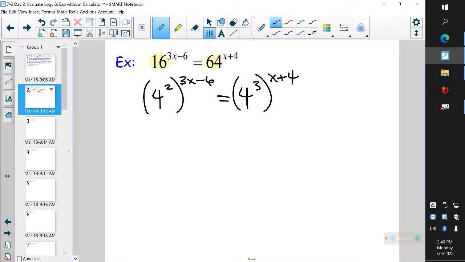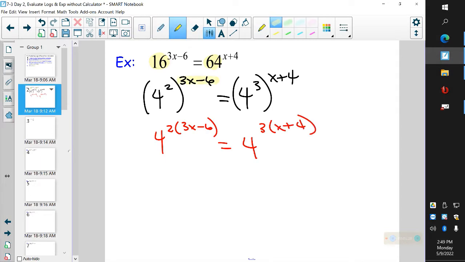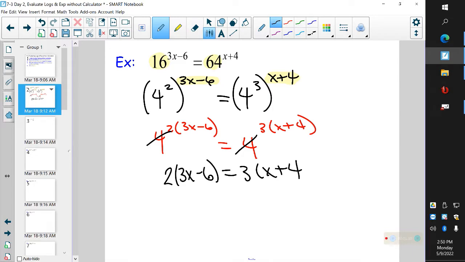So now I'm going to multiply those exponents together. So that's 4 raised to the 2 times 3x minus 6, and this is going to be 4 raised to the 3 times x plus 4. Keeping these in parentheses because I'm going to distribute. Now I can cross off my bases and I can set my exponents equal to one another. And from here, it's a simple equation.